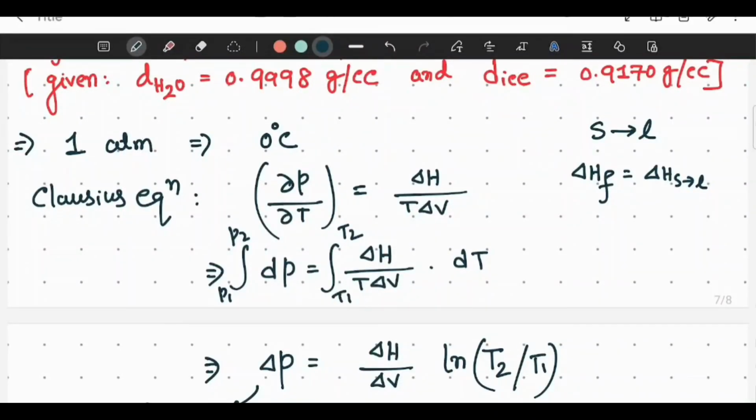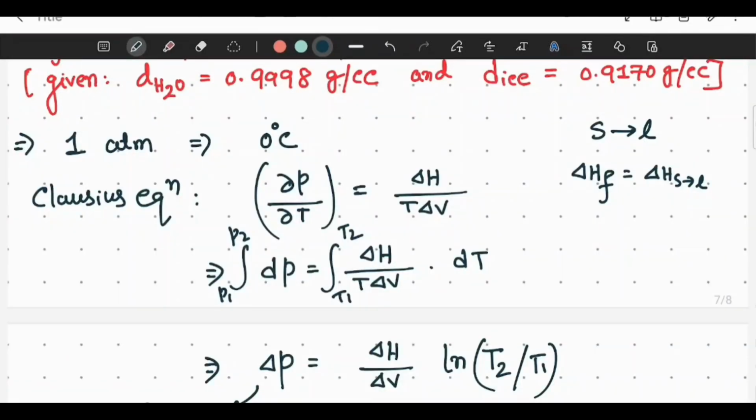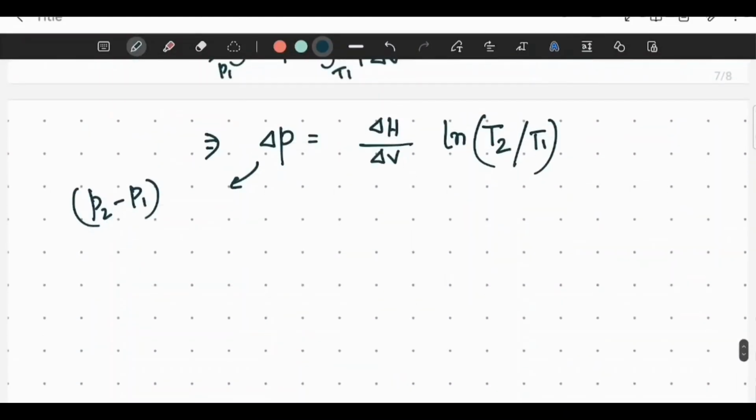But we can use the Clausius-Clapeyron equation for the transition from solid to gas or liquid to gas. For solid to liquid we can't use it, because for solid to liquid the volume of solid and volume of liquid are not very close to each other, so we can't approximate that. So we have to use this formula. Yes, so this is correct.